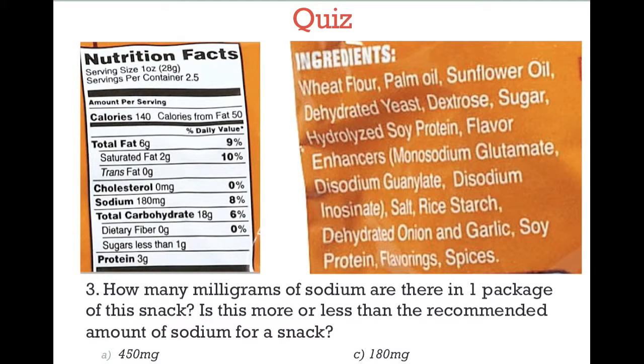Multiply the sodium of 180 milligrams by 2.5 servings in the whole bag. That is 450 milligrams of sodium. If you remember from the previous slide on sodium, the recommended amount for a snack is 200 milligrams or less, making eating a whole bag of the snack more than 2 times over the suggested amount.